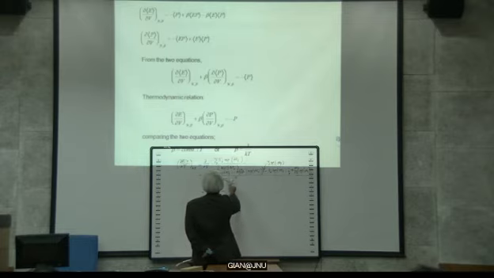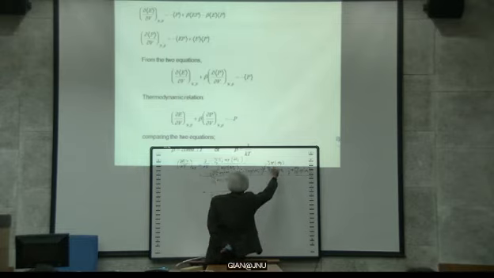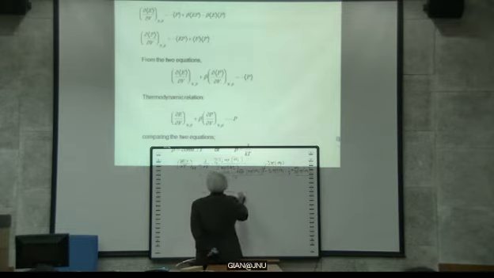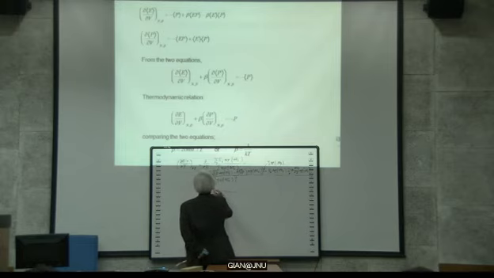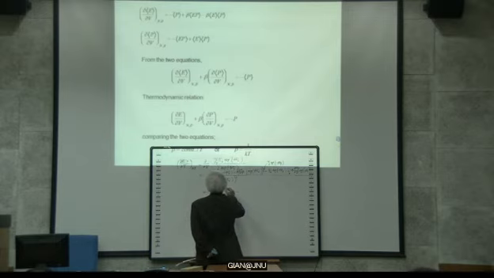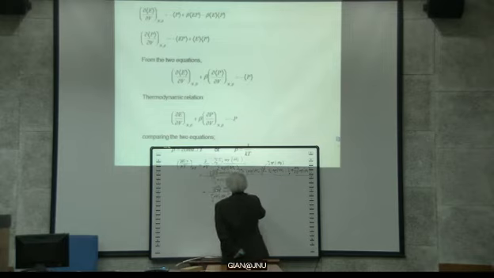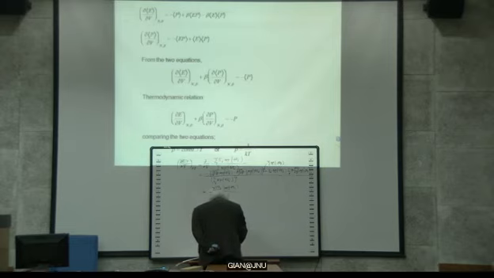This one factor disappears, canceling with this, and minus E_j dE_j over dV. Maybe I should put minus here. Exponential minus beta E_j. Okay, this is the first term.